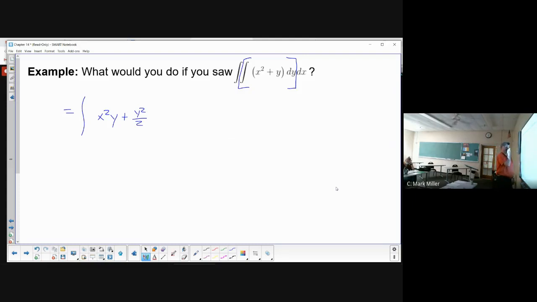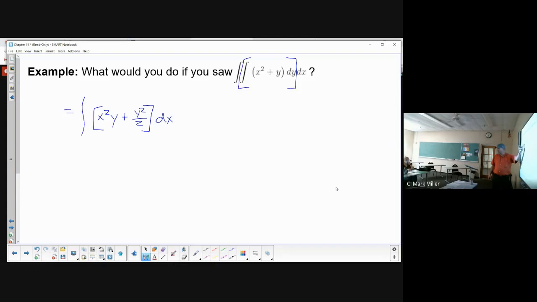Right? Then that gets integrated with respect to x. Now, with respect to x, we treat all the y's as constants. So this first term, x squared y, we treat y as if it were a number 5.